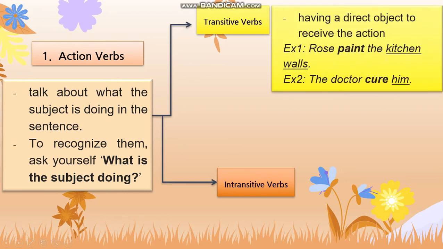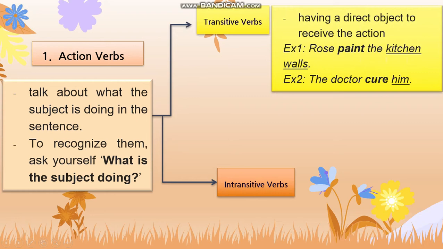Transitive verbs are verbs that need or have a direct object to receive the action. Example 1. Rose painted the kitchen walls. The word paint here is a transitive verb, because it is followed by a noun phrase, which is its object.